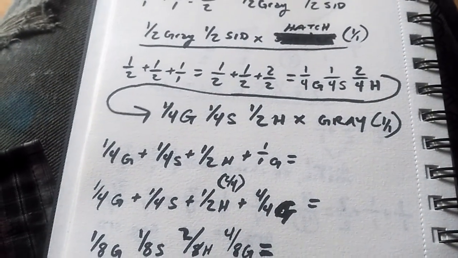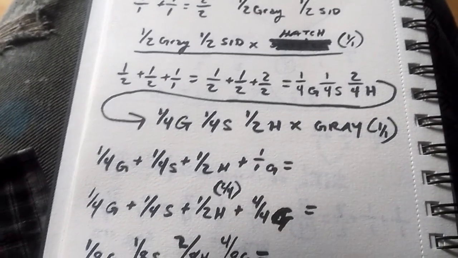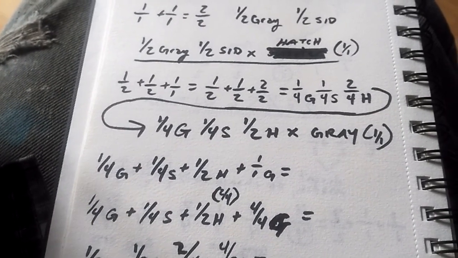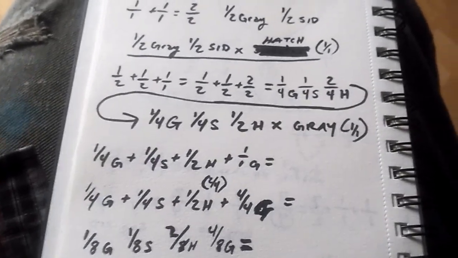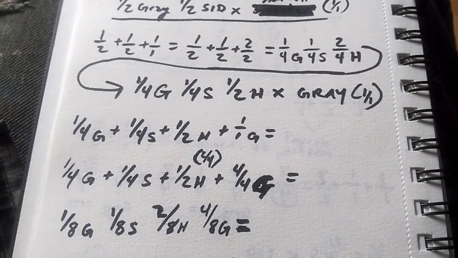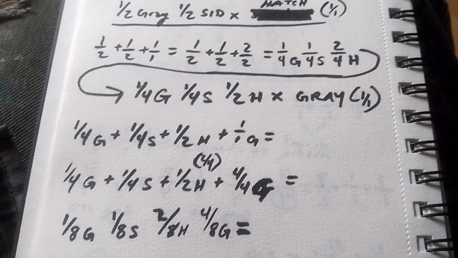Well, you add those top numbers up, you're going to get 8. Because remember, this is 2/4 here, not half on the hatch. So then your final equation for that would look like this: 1/8 gray, 1/8 Sid, 2/8 hatch, 4/8 gray.